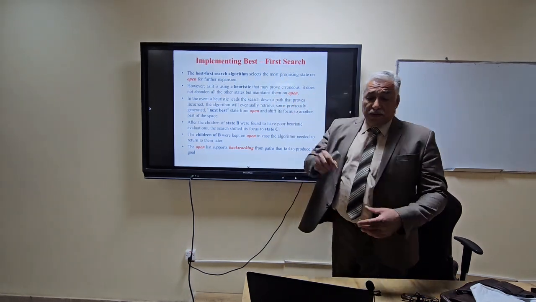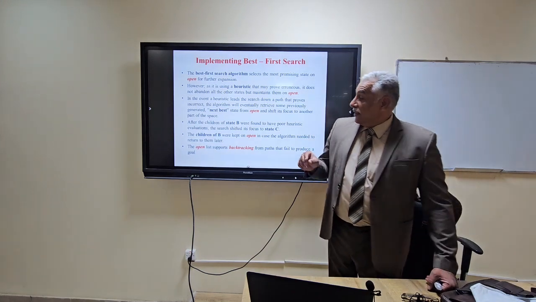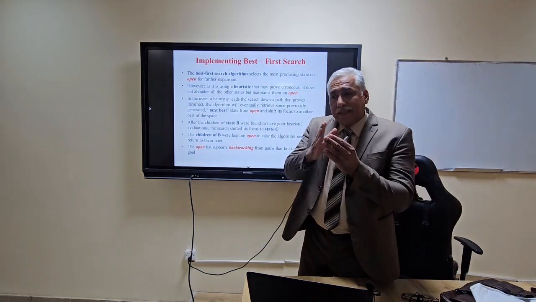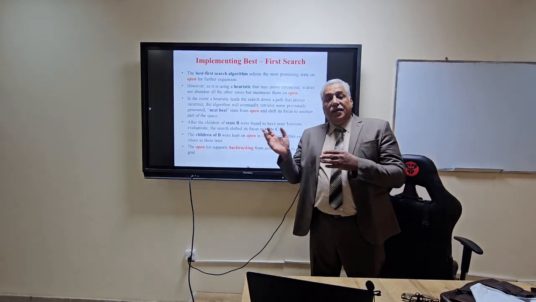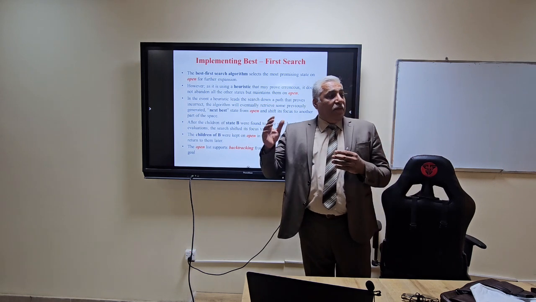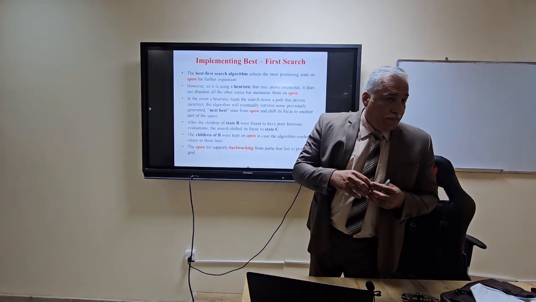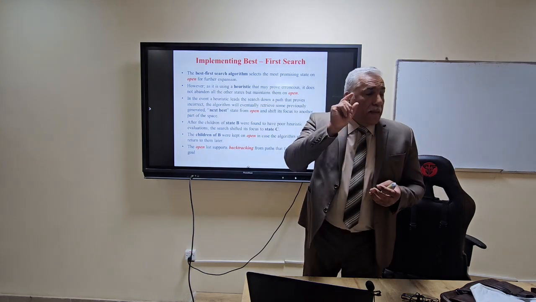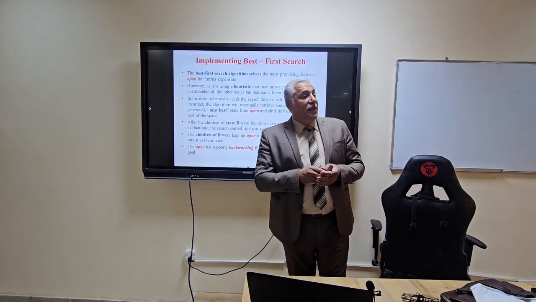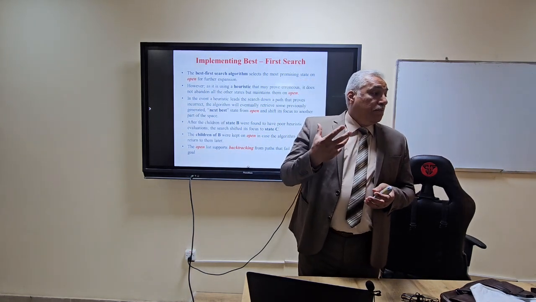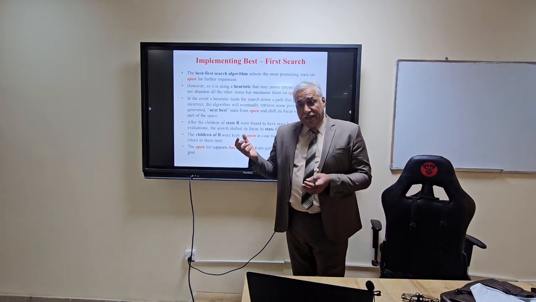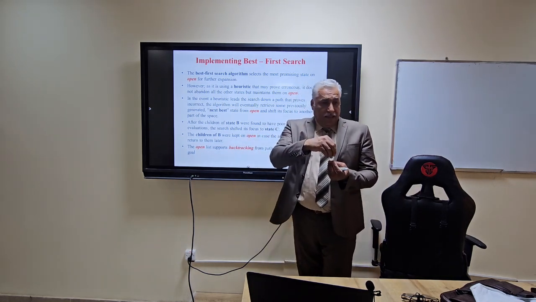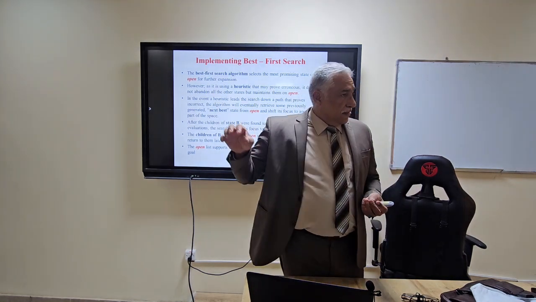Best-first search focuses on selecting or ordering by the evaluation function in the open list, where we put the one that has the best value of the evaluation function in the first position, and so on.